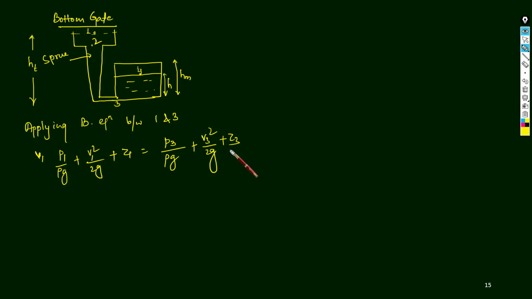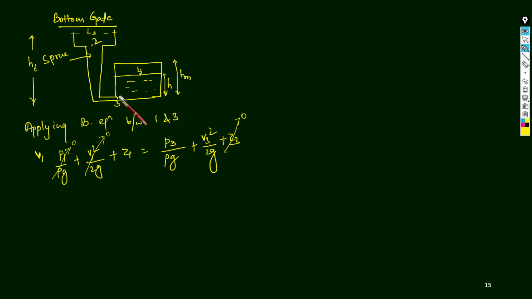We have taken Z3 as datum, 0. P1 is gauge pressure, that is atmospheric pressure P atm, so gauge pressure will be 0, V1 is 0.